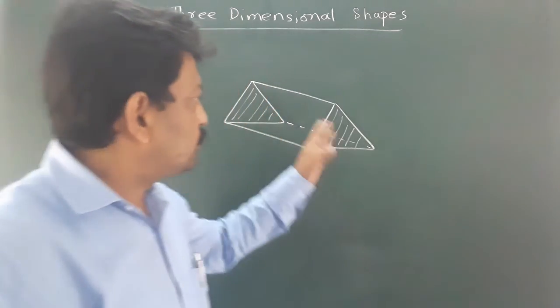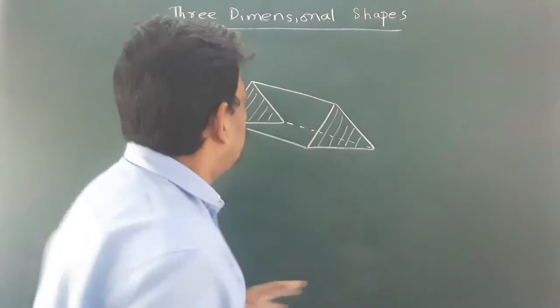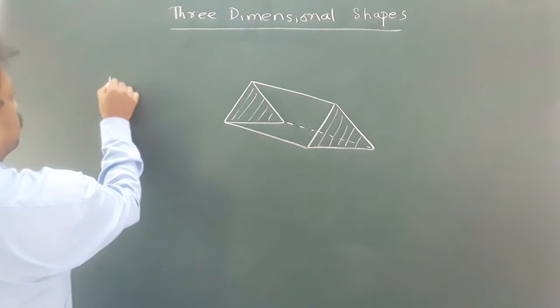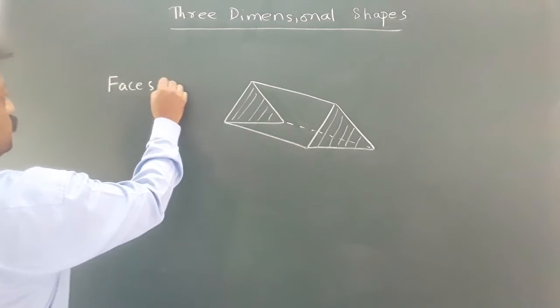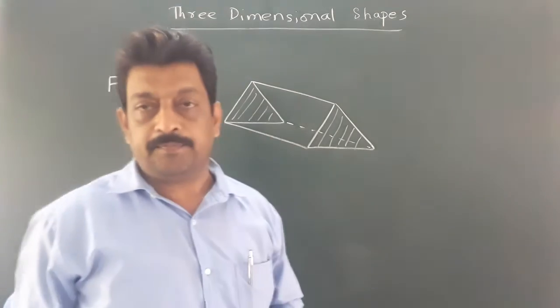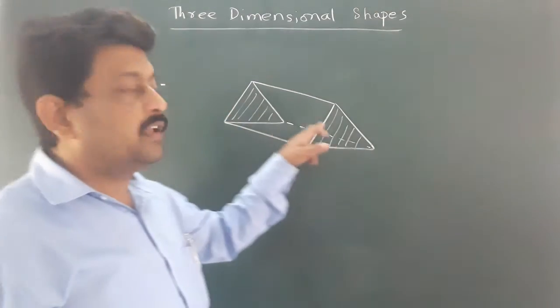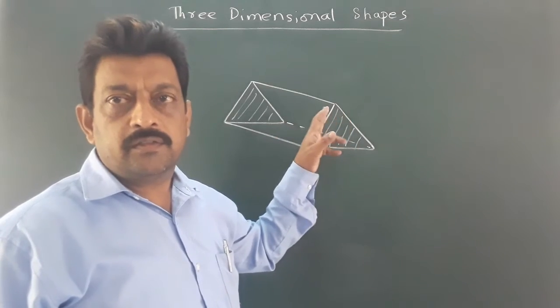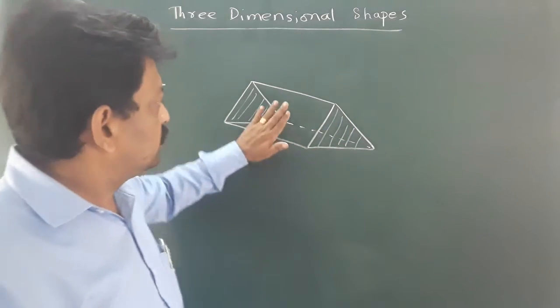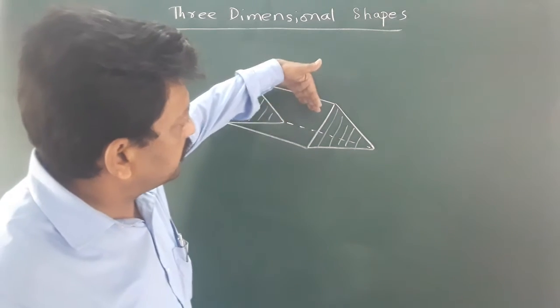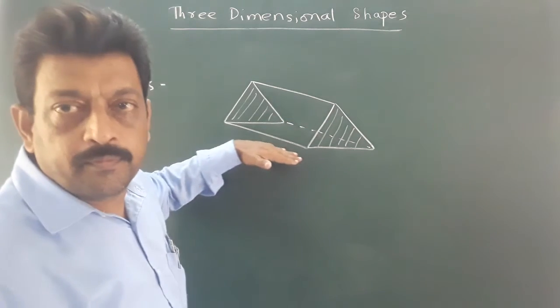Okay, so here in the triangular prism, first of all we have to find the number of faces. How many faces are there? Just see, two triangles, two faces and three rectangles. One is this one, one is at the back and one is at the bottom.